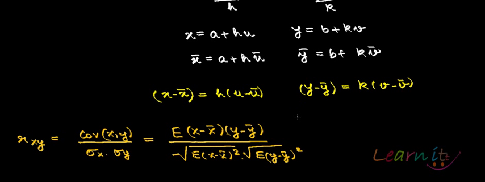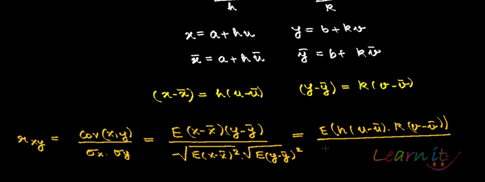Is that right? So how will you write x minus x bar? As h into (u minus u bar). So E of h into (u minus u bar) into, in place of y minus y bar, k into (v minus v bar), and you have to take the expectation of this whole, divided by, in place of E of (x minus x bar) square, what will you write?